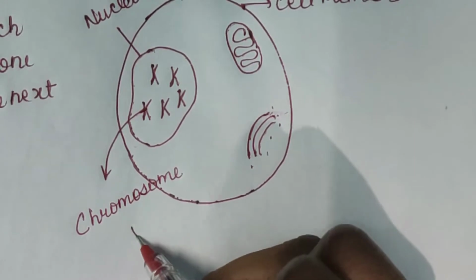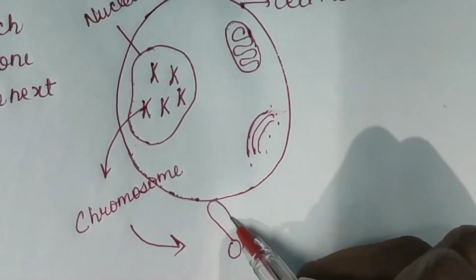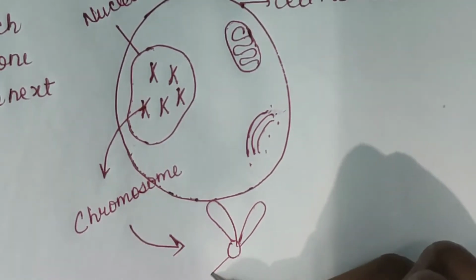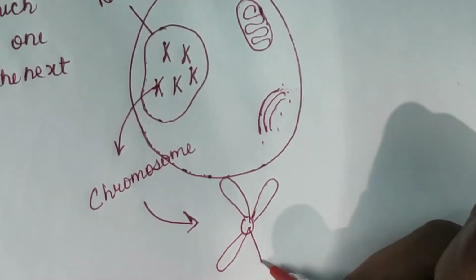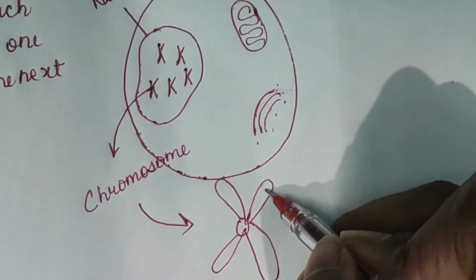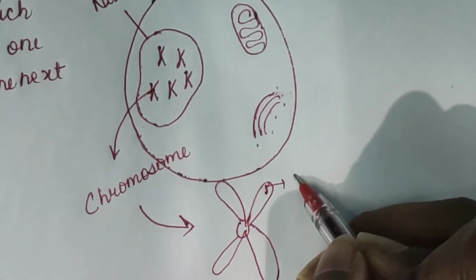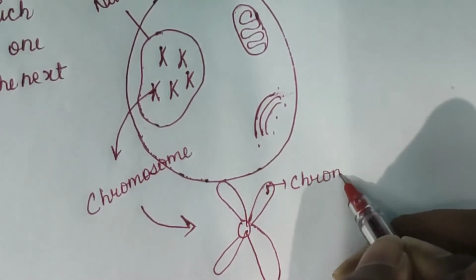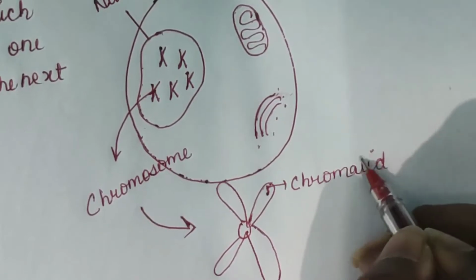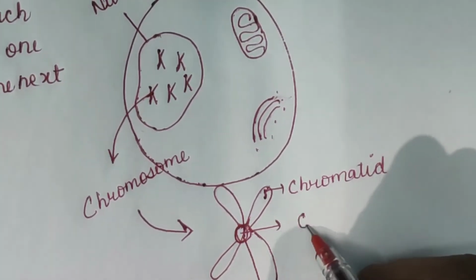Now, if I enlarge the structure, it looks somewhat like this. Basically, chromosomes are X shaped. A chromosome consists of two most important parts. First of all is the chromatid, and another one is that circular structure, which is called the centromere.